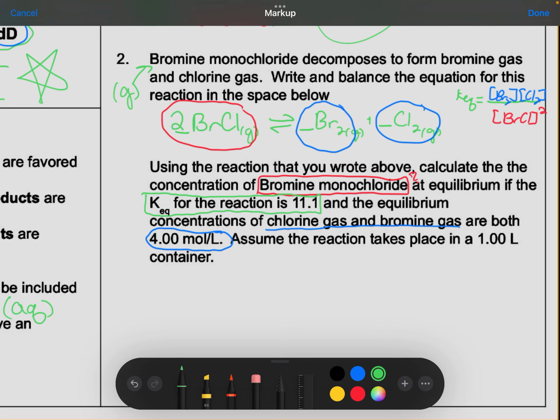I know that my KEQ from my equilibrium expression is going to be 11.1 because I'm told that in the problem. So 11.1 is equal to my products divided by my reactants. So my two products are both at the concentration 4.00 moles per liter, and I know that because I am told it. So in my numerator, I'm going to have 4.00 twice.